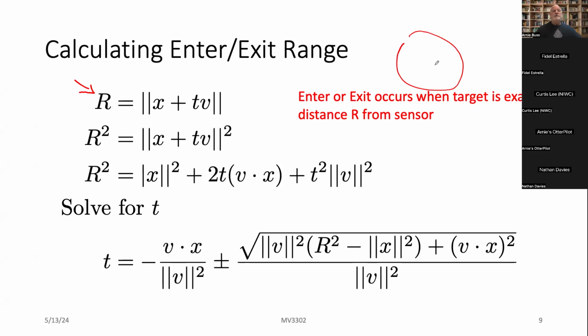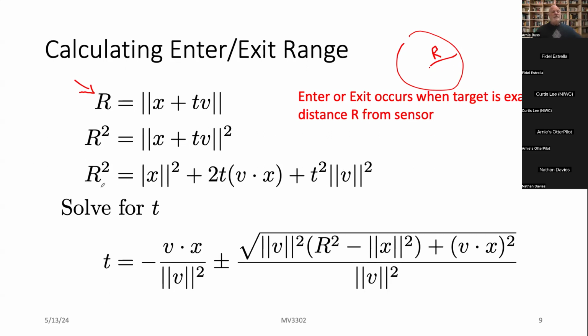Remember, the range is this. And so when we are exactly r units away from, in this case, the origin, then that's when it's going to occur, depending. So now we can't unravel this in a nice way. We have to square it. And then when we have squared it, we apply that binomial thing for vectors.